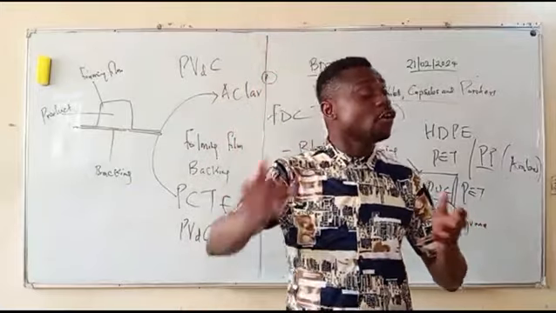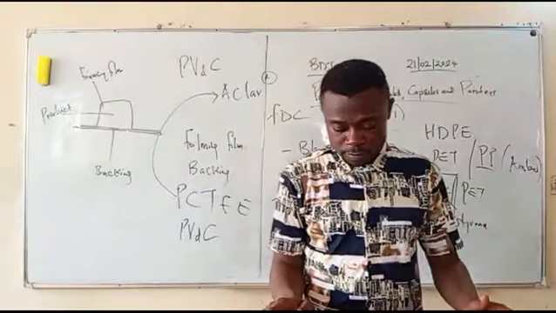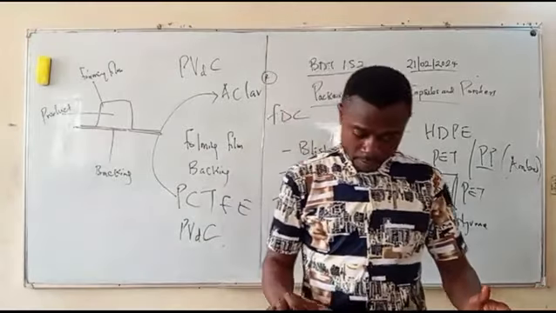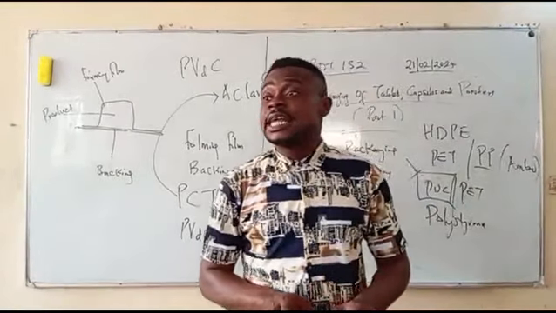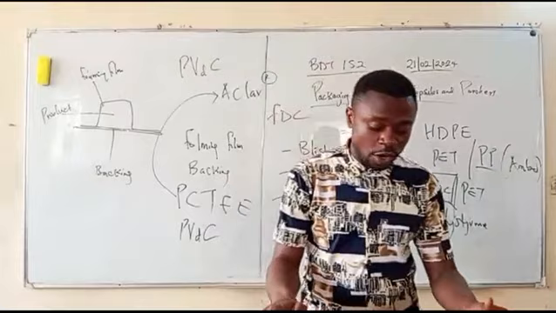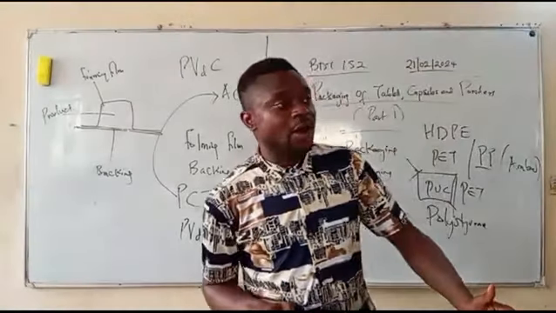As I said before, Alu is just the same thing as blister. The only difference is that for blister they use PVC on the upper part, right? But for Alu they use aluminium on both sides. So Alu packaging is similar to blister packaging.